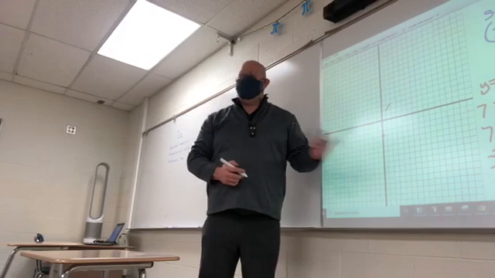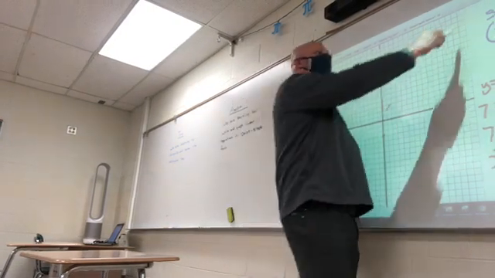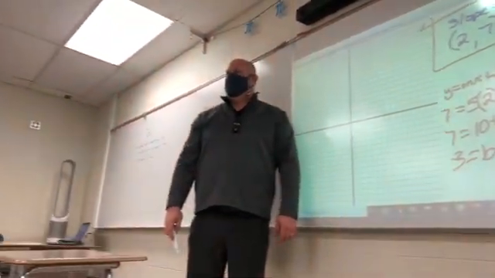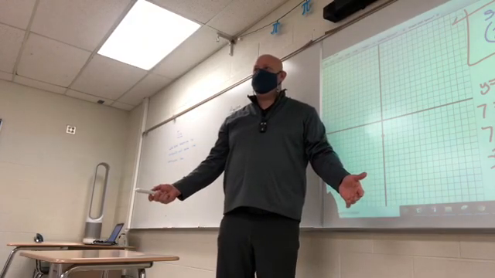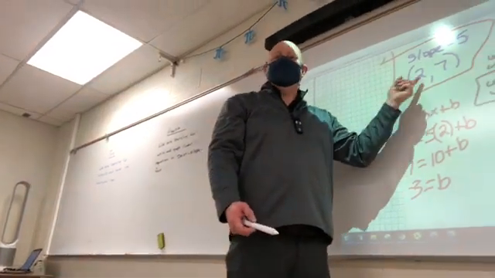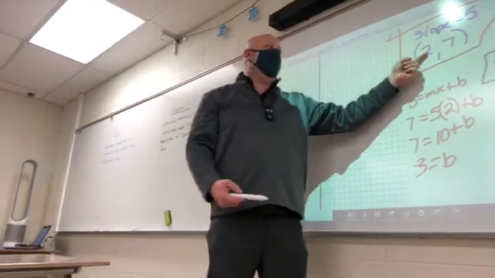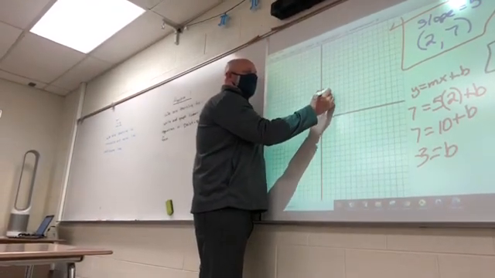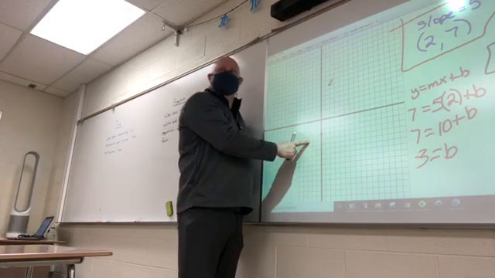What if I said you didn't have to start on the y-axis? Could you have just drawn the graph straight from that given information? How? Where do you start? You start at the point 2, 7. So instead of starting on the y-axis, you just start at the point 2, 7, which is 1, 2, 3, 4, 5, 6, 7. So you start here instead of here.